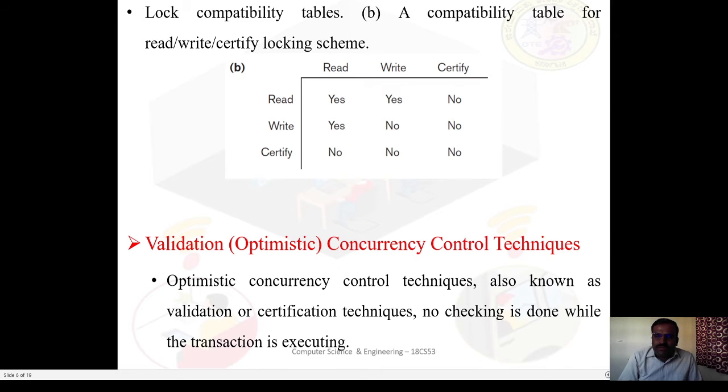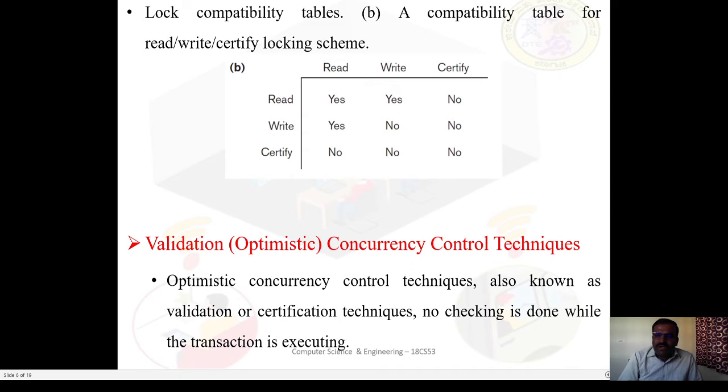In these tables, the entry no indicates the locks are not compatible. So any other transaction T dash must wait until transaction T releases the lock.